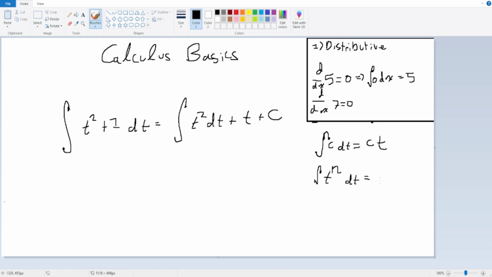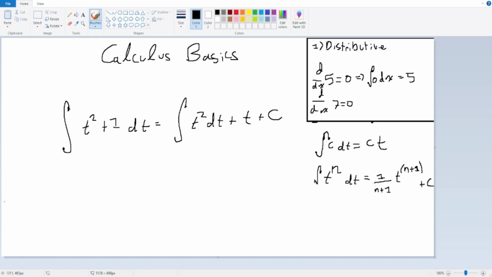I'm thinking of the very simple way to write it, but we should write it like this. So it's 1 over n plus 1 times the parameter to the power of n plus 1. Now, don't forget the c.